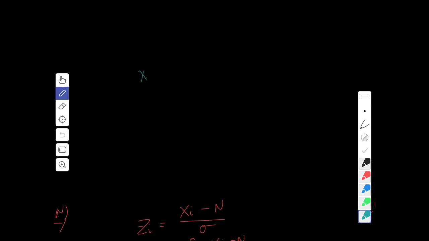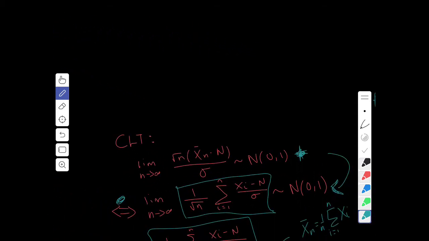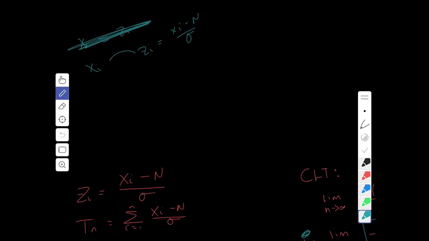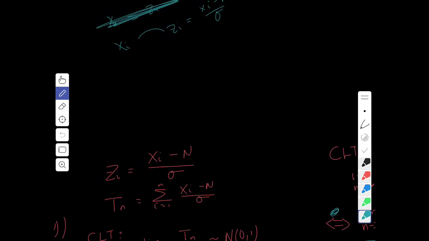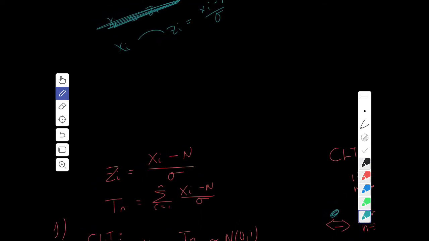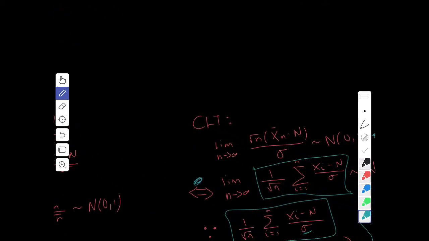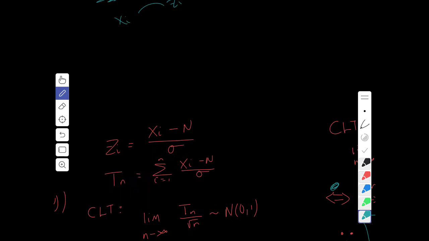So for every Xi we have a Zi, where Zi is equal to Xi minus mu over sigma. So for X1 we have a Z1, for X2 we have a Z2. So in this statement over here, where we're adding up from 1 to n all of our Xi minus mu over sigma, that's the same thing as this Tn, where we have the sum from 1 to n of Xi minus mu over sigma.